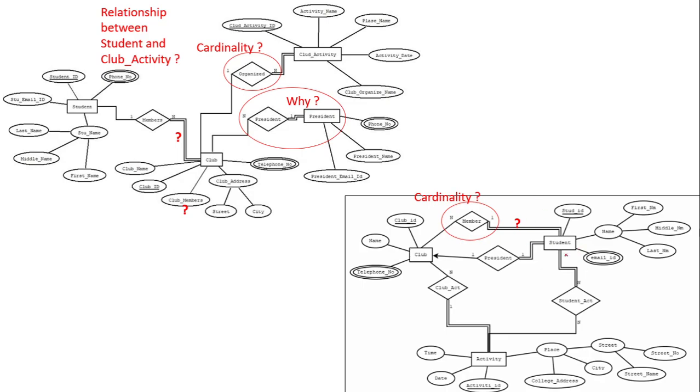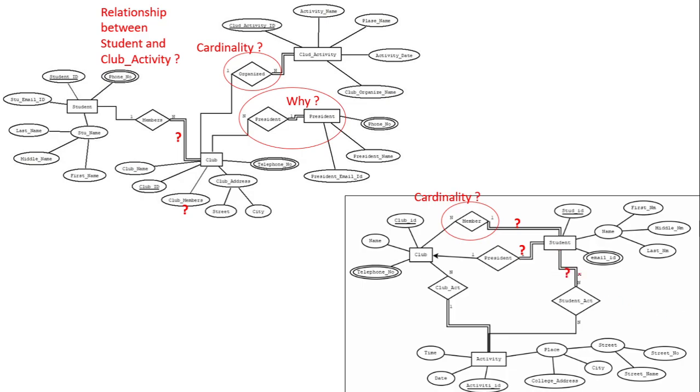Okay, now the next, once again related to this total participation. Here every student is participating as president. No, obviously not. A few of the students might be the presidents of the clubs, not every student. So once again, this total participation should not be there, right?